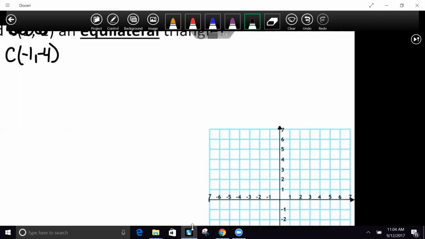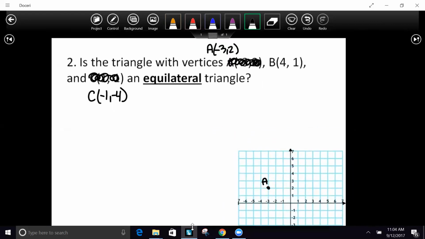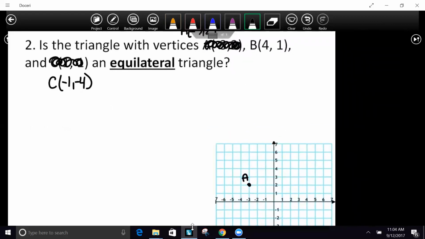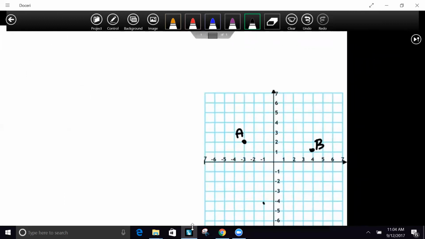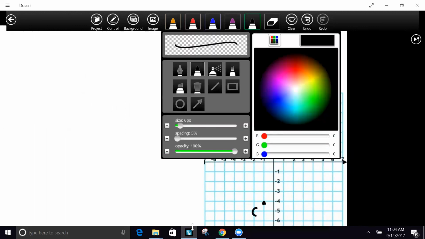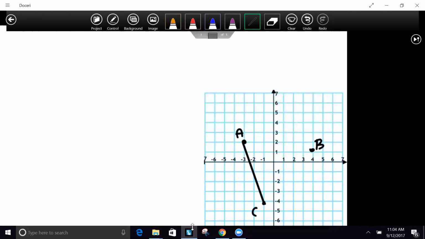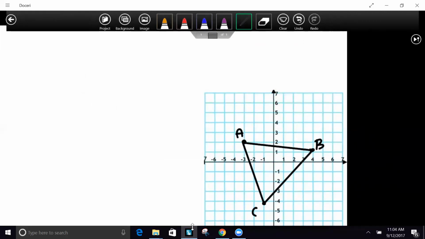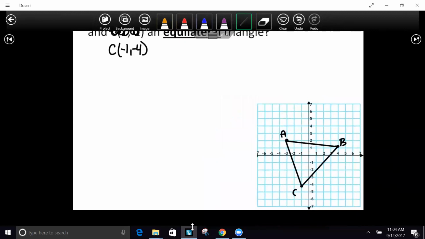Graphing my first points, I'm going to go back 2 up, or back 3 up 2, over 4 up 1, back 1 down 4. What does it look like? Equilateral or isosceles. It could also be scalene, we don't know.